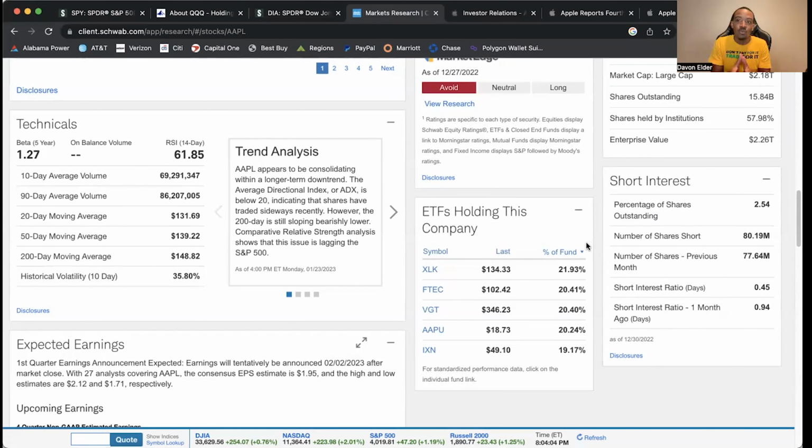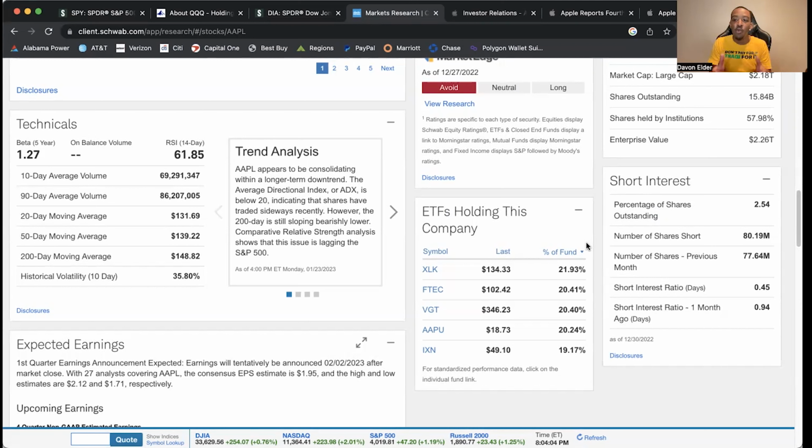Apple was only 6.5% of the ETF. In QQQ, Apple was only about 11.4% of the ETF. With the Dow Jones Industrial Average, Apple wasn't even in the top 10, so it was less than 4% of the ETF. So when you look at these particular things, it tends to provide more context, right?